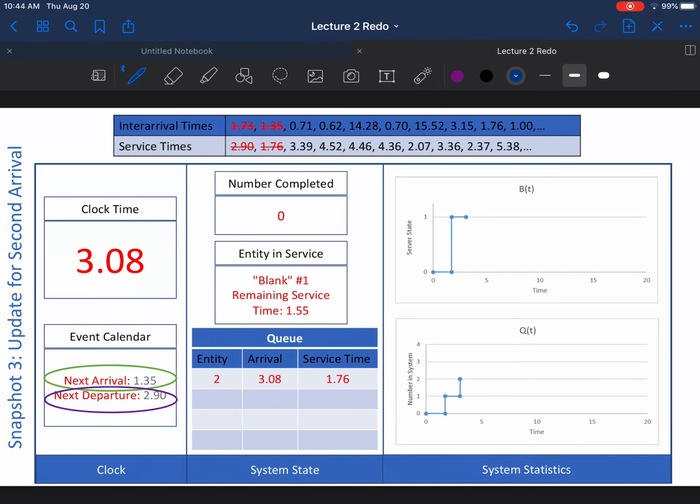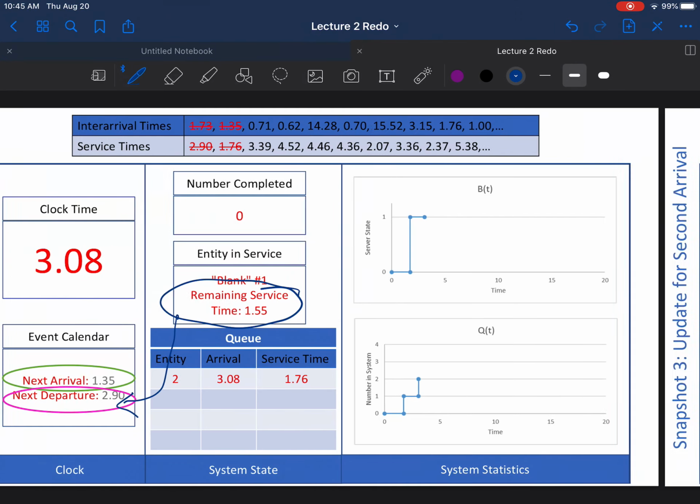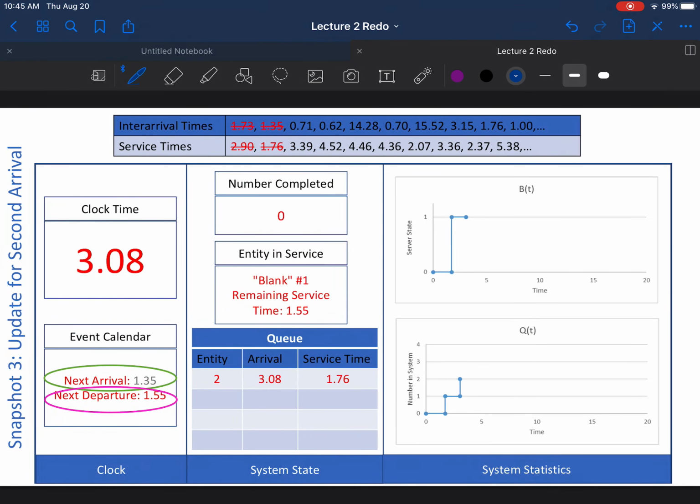Now we go back to our events calendar and we think, well, we have to now update the departure time. The departure time, remember, has been reduced. So this has to come over here and populate it. No longer do we need 2.9 time units. We now need 1.55 time units. Finally, we have to think about our arrival times.